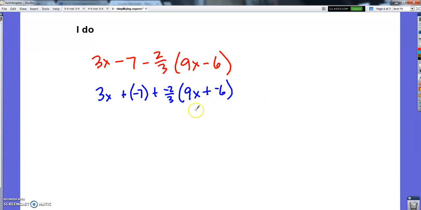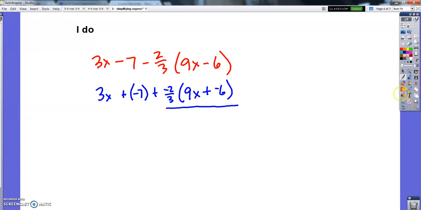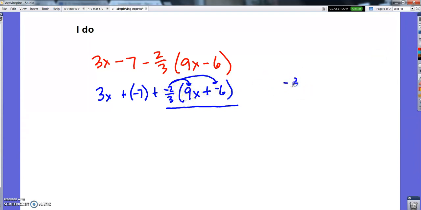And I'm going to do my distributive property first. I have 2/3 of a group of this, 2/3 of a group of 9x and negative 6. So negative 2/3 times 9 is negative 18/3. And that has my x.